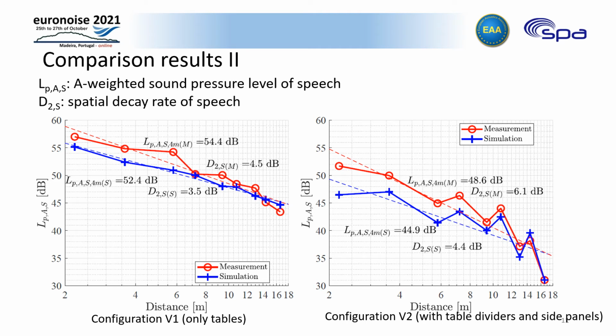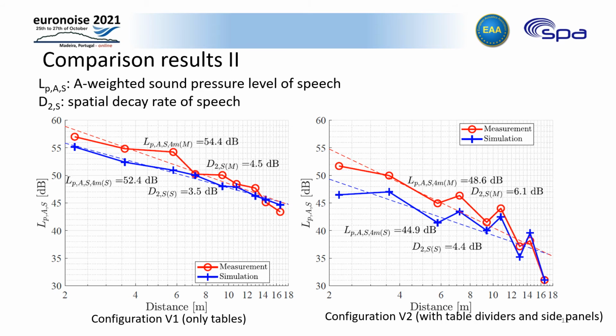The sound power level of the loudspeaker and the simulation impulse source are normalized based on the sound pressure level at a distance of 1 meter in the free field condition. Due to the limited frequency range of the wave-based simulations, the logarithmic summation of the A-weighted sound pressure level is calculated only up to the 500 Hz octave band, instead of 8,000 Hz, for both simulations and measurements.